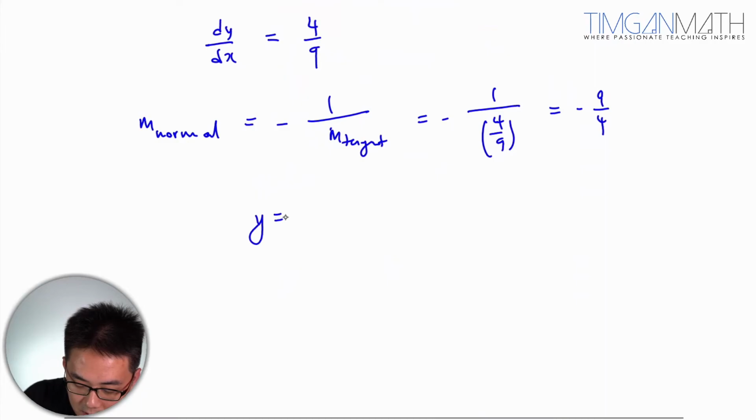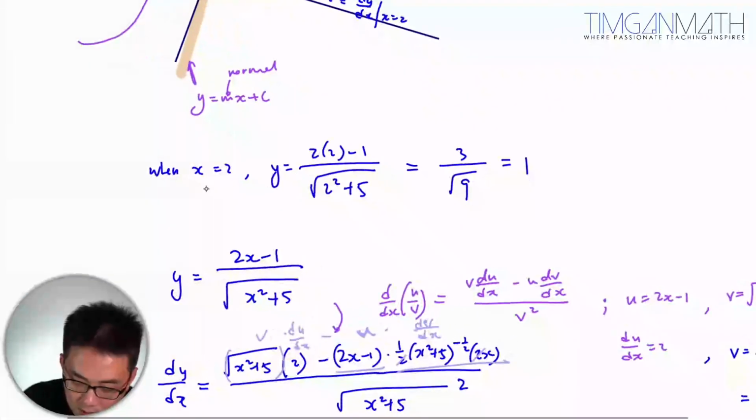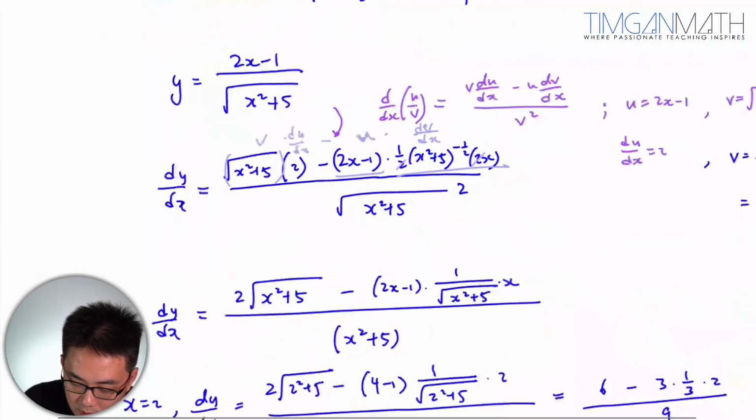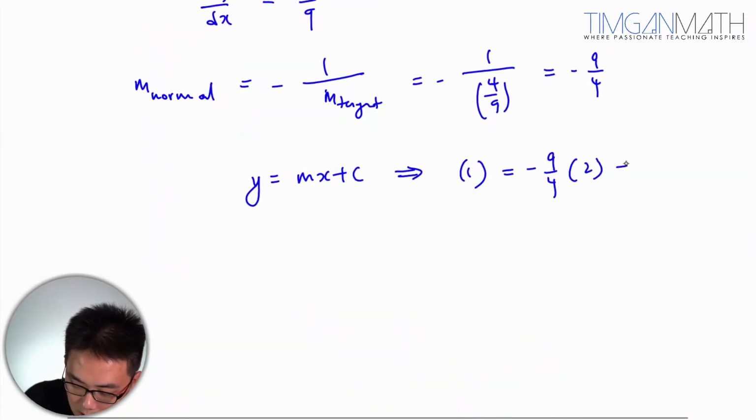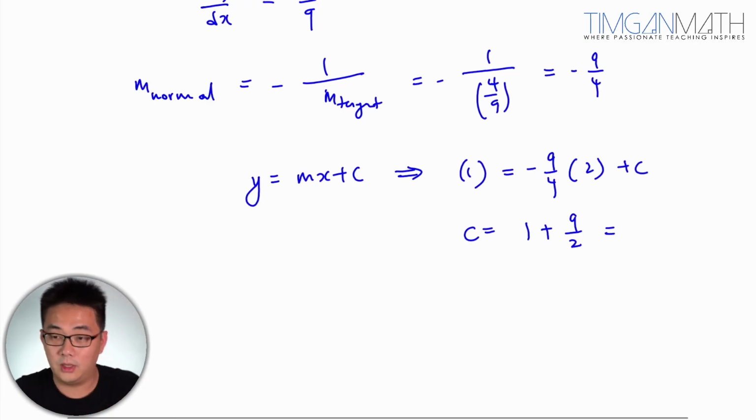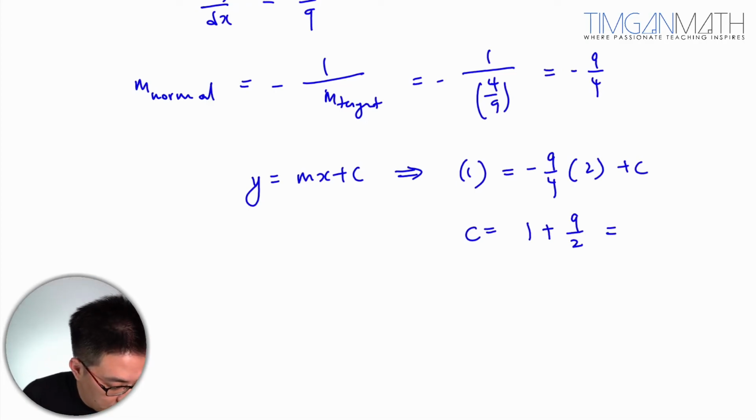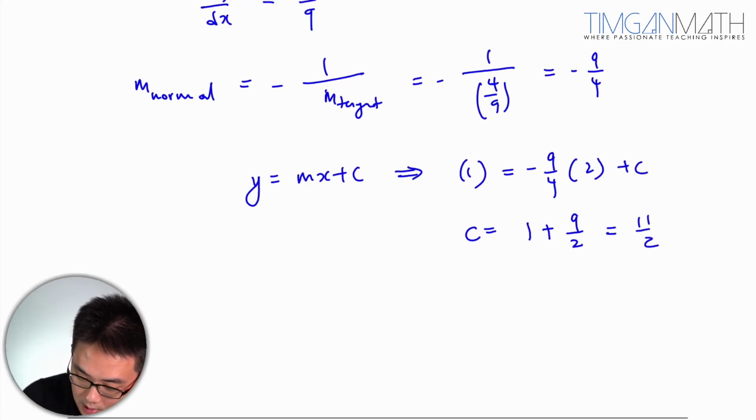So y equals mx plus c, and find c by substituting y equals 1, m equals minus 9 over 4, and x equals 2. So c will be 1 plus 9 over 2, which is 11 over 2. So y equals minus 9 over 4 x plus 11 over 2.